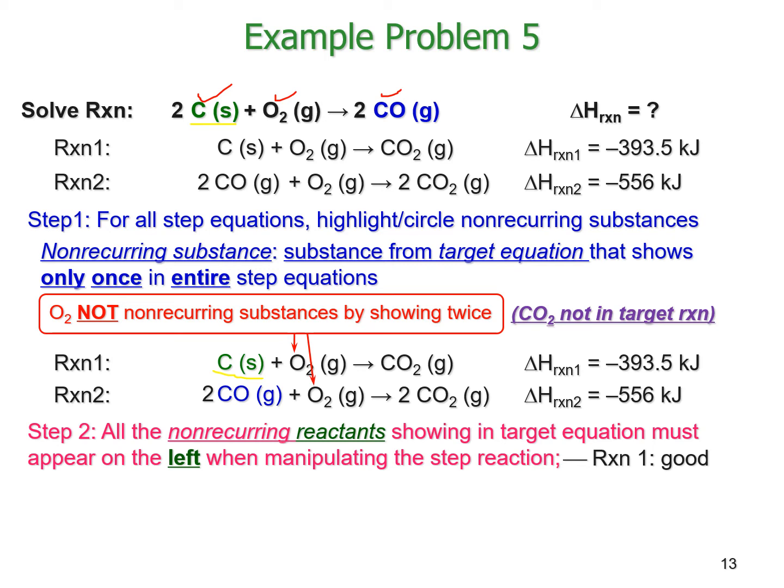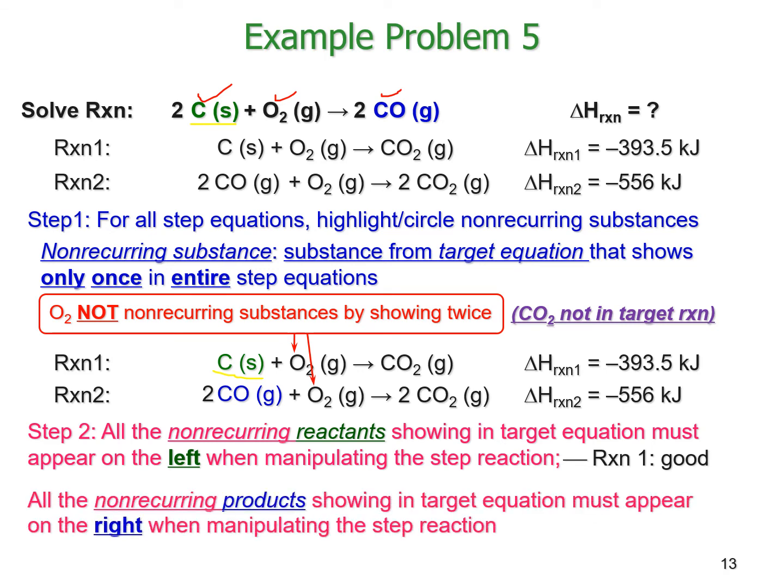What about reaction 2? In reaction 2, the non-recurring substance is carbon monoxide. As it turned out, carbon monoxide is a product in my target reaction. That means carbon monoxide has to show up on the right-hand side of the step 2 reaction. So carbon monoxide and oxygen must go to here.